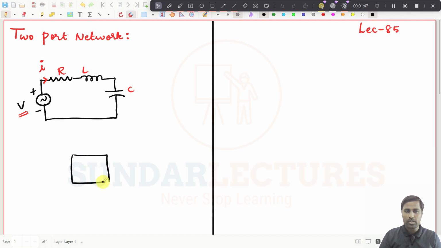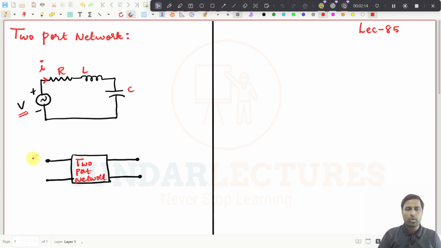I'm not showing you the exact circuit, I have just drawn the diagram. This is a two-port network, right? Here, this is the input, and this is the output.